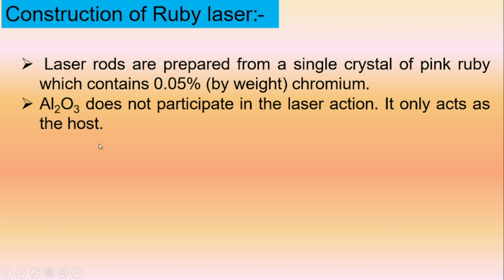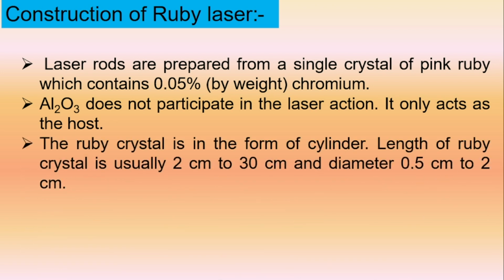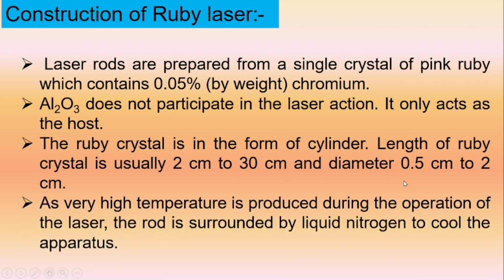The ruby crystal is in the form of a cylinder, and the length of the ruby crystal is usually 2 to 30 centimeter, and the diameter is approximately 0.5 to 2 centimeter.